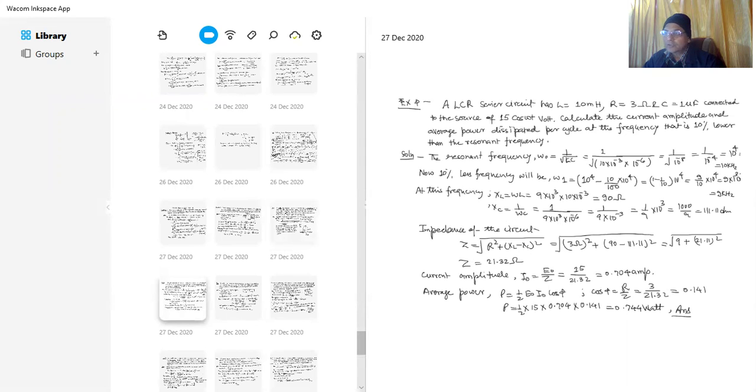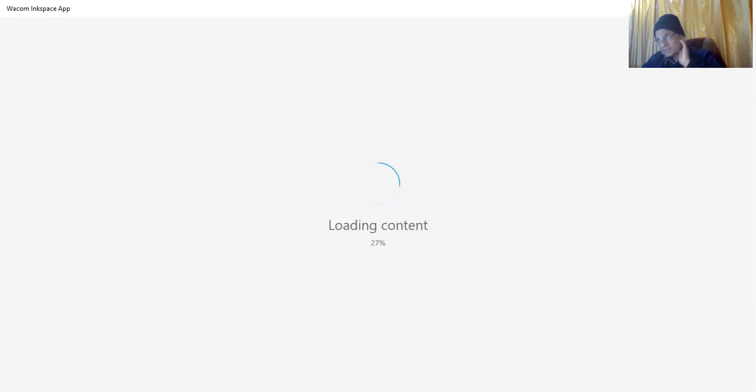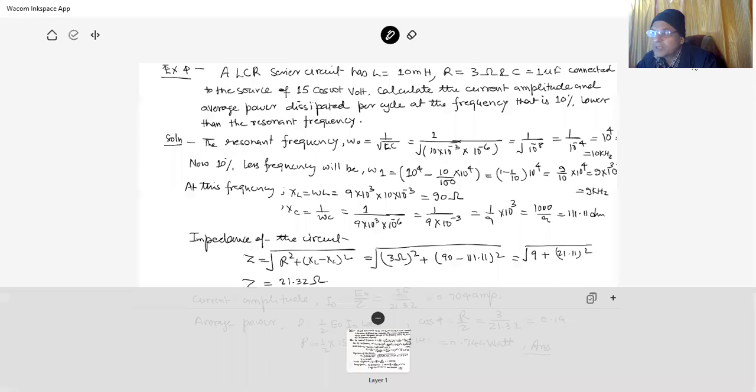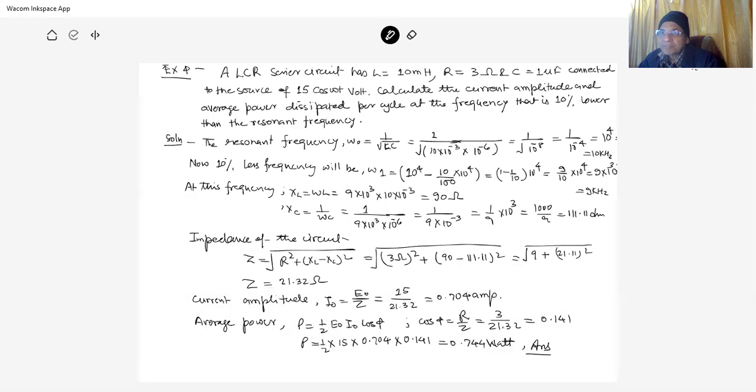So the fourth example is a similar, simple example. An LCR series circuit has L of 10 millihenry, R of 3 ohm, and C of 1 microfarad, connected to a source of 15 cos omega t volt.